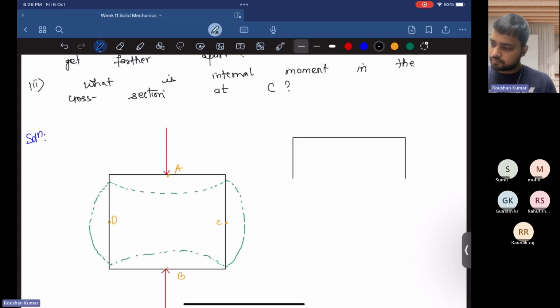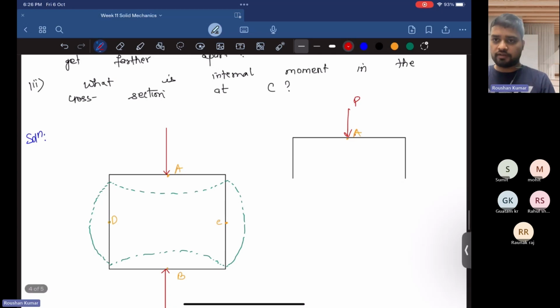Okay, so this is our upper part, this point A, and here a load P is applied from the top. So because of these 2 points, to remain in equilibrium, it exerts some reaction forces which are acting upward.